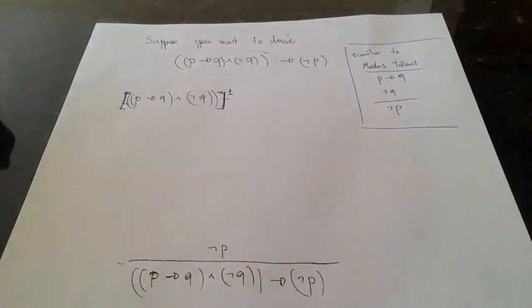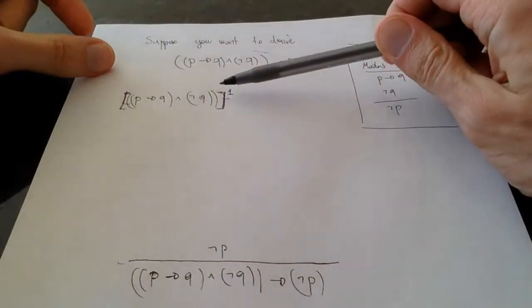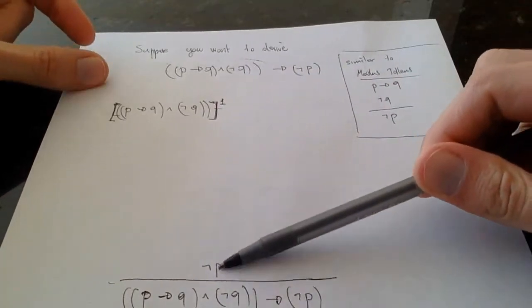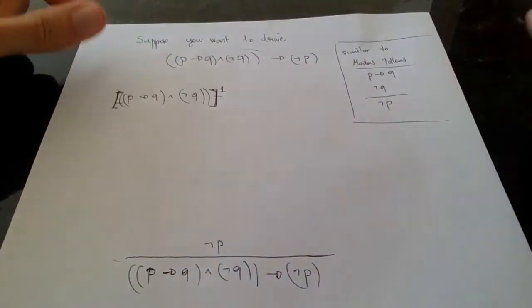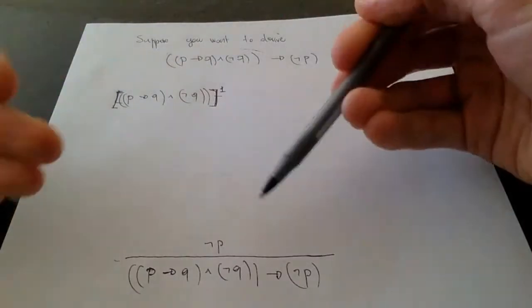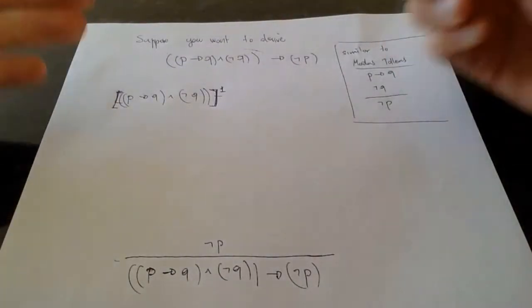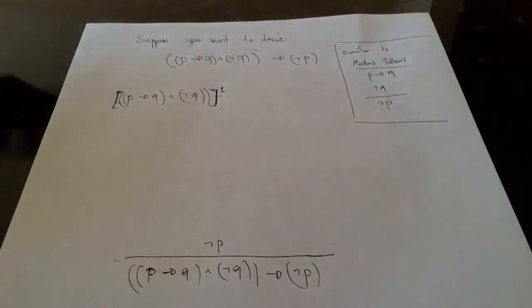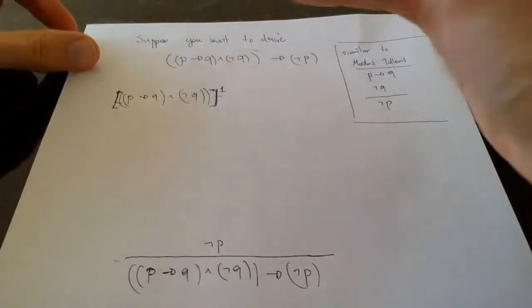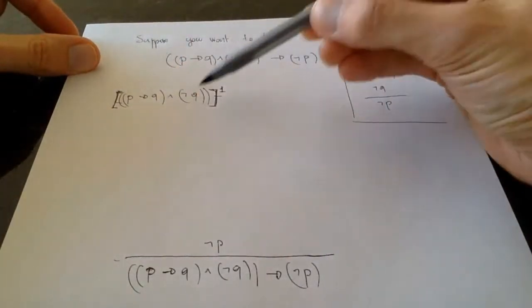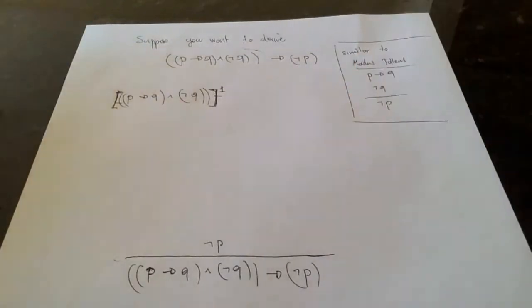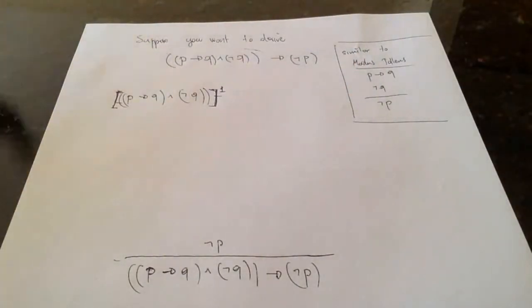Okay. So the goal is to get from this assumption number 1 to not P, all the way down here. How am I going to do that? There's no immediate way to do it, also because here I have P implies Q, I have not Q. What I want to get at is not P, so there isn't any immediate way.